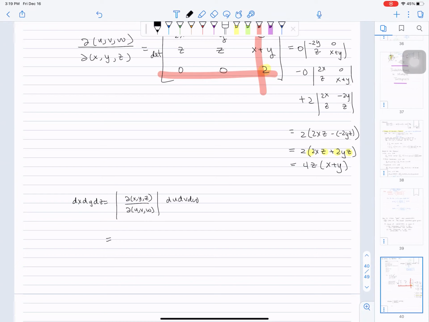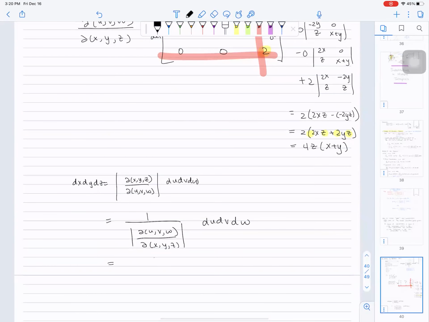So in other words, it's equal to 1 over the Jacobian that I did find, du dv dw. In other words, it's 1 over the absolute value of 4z times x plus y, du dv dw.